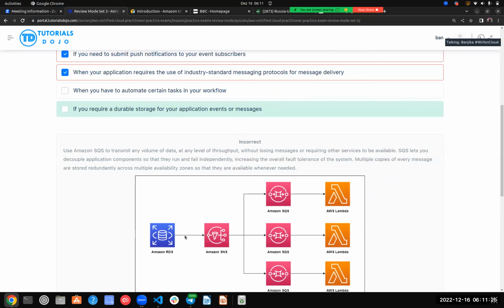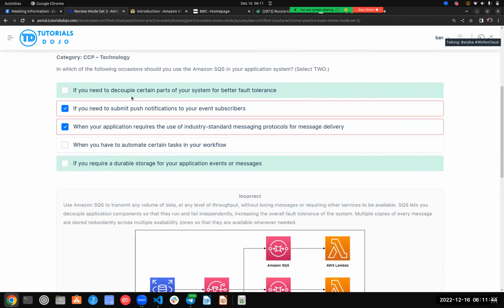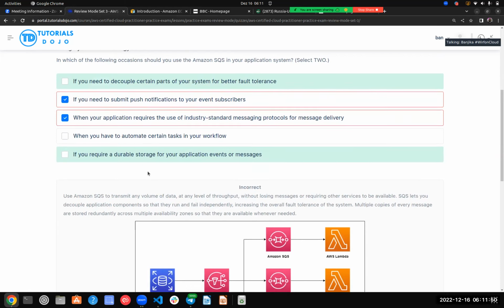Like here, the database can send information. We can eliminate SNS here, and the information can just come to Amazon SQS. And once Lambda is ready to receive it, then it will send. So the information will be storable here. So when you think of SQS, think of decoupling. It's used for decoupling as well as durable storage.